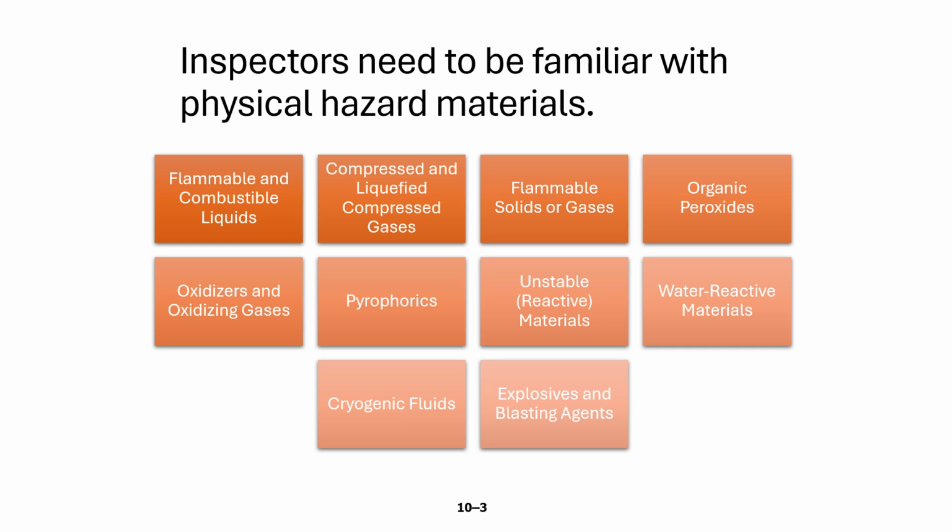So here is the list of hazardous materials, or at least the most common. You've got flammable and combustible liquids, compressed and liquefied gases, flammable solids and gases, organic peroxides, oxidizers, pyrophorics, water reactive material, explosives and blasting agents.